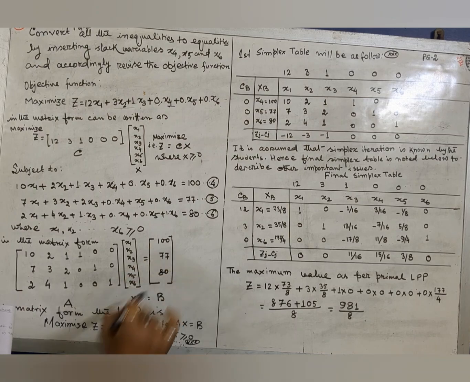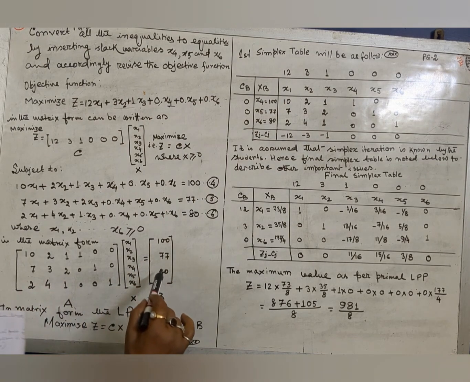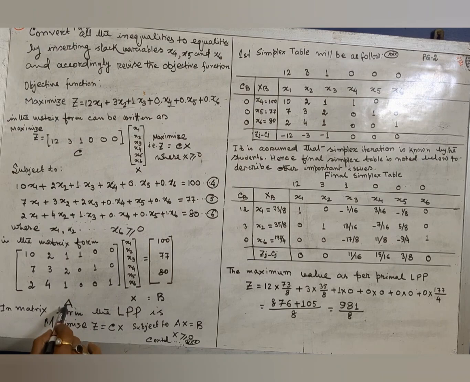This is another matrix. In the full form, we can write subject to AX = B and X greater than or equal to 0. This is the A matrix, this is the X matrix, this is C. That means in matrix form, the linear programming problem is maximize Z = CX, subject to AX = B, and X greater than or equal to 0.